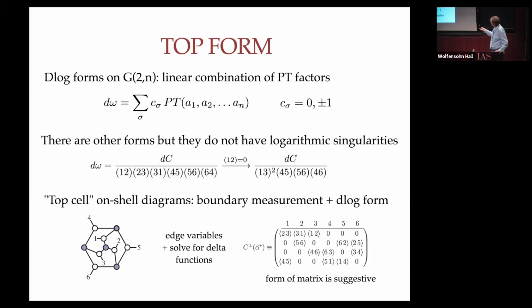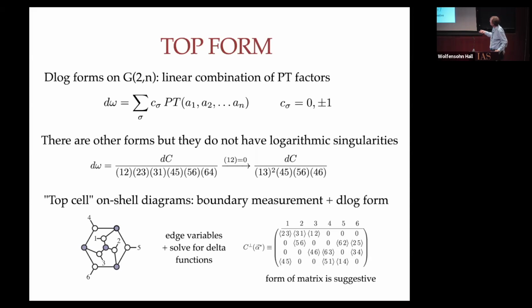There are other forms that you can naively write, but they don't have logarithmic singularities. For example, this form, when you have two separate sets of indices, 1, 2, 3, and 4, 5, 6, actually does not have logarithmic singularities. If you go on one of the boundaries, then you produce a double pole. So these Parke-Taylor factors give a basis for all dlog forms.